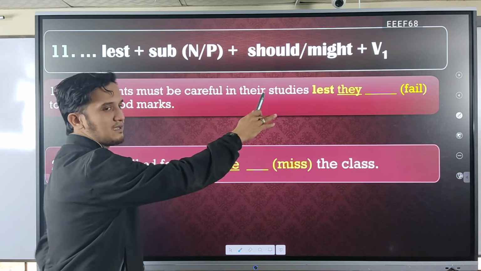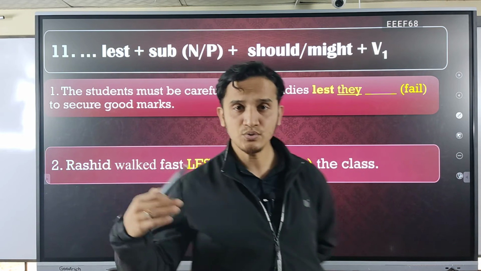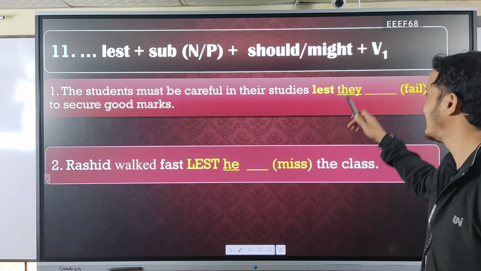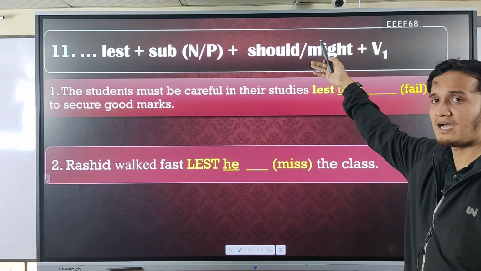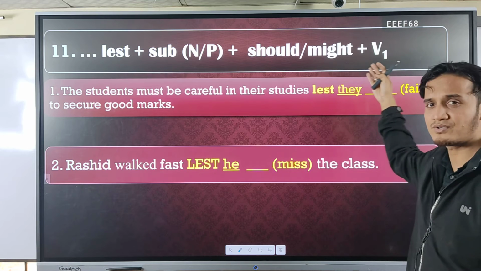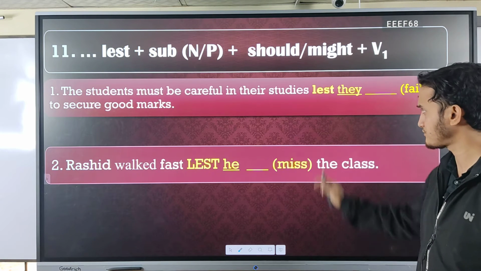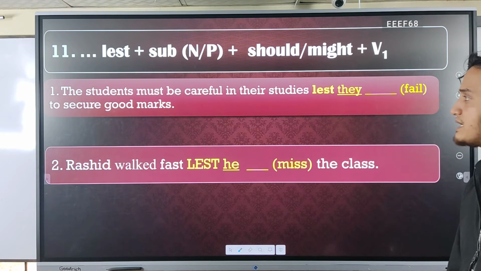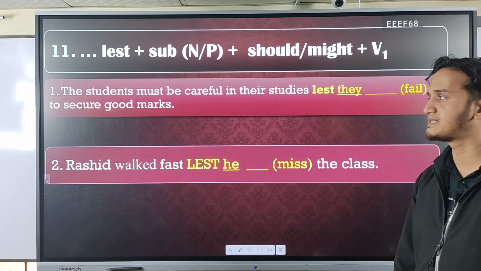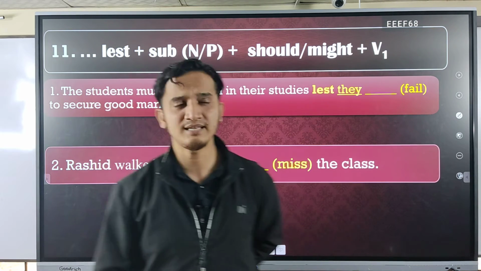The following word here, the modal, it can take should, it could be might, and the following verb should be in the base form. As you know, after the modal verbs, it should be in the base form. For example, the students must be careful in their studies, lest, what can we write?